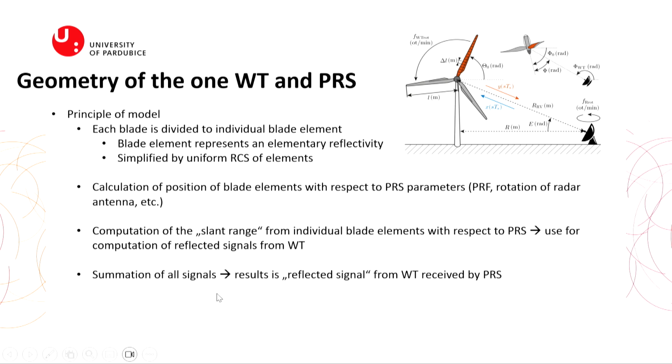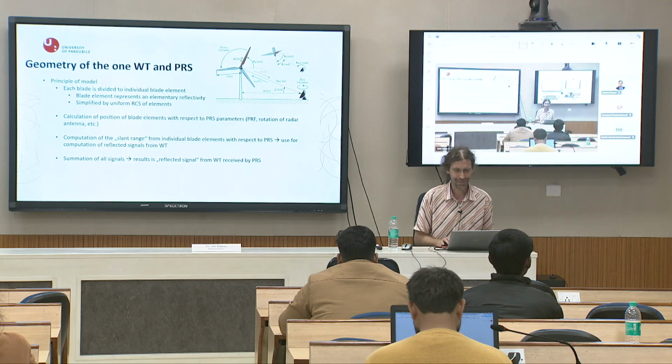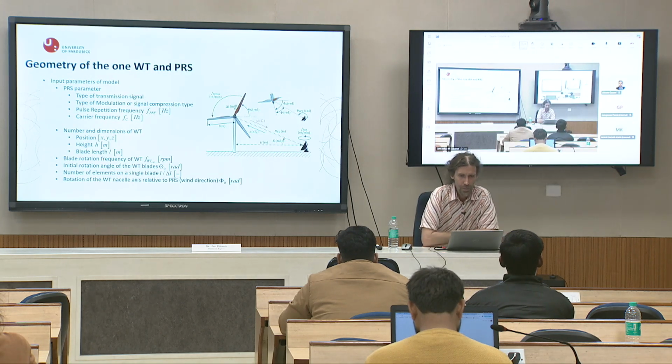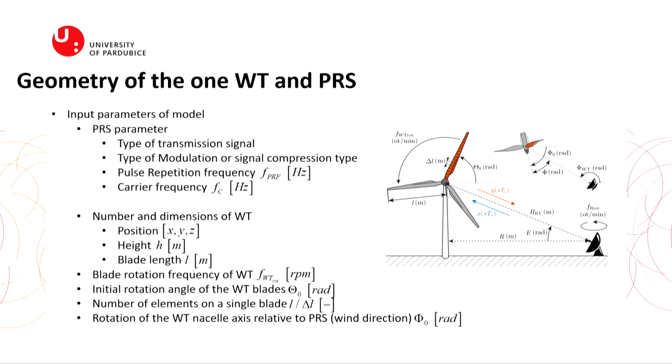Then we make a summation of all signals, and the result is the reflected signal. I call it slant range, but of course it is complex. It also includes this moving rotation, so there is this shift in frequency, the Doppler effect. So it is the base principle of the simulator that we develop, or model. I never know if I should call it simulator or model, because it covers both. So there is a list of parameters.